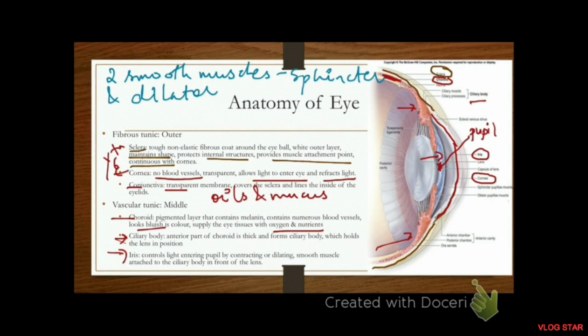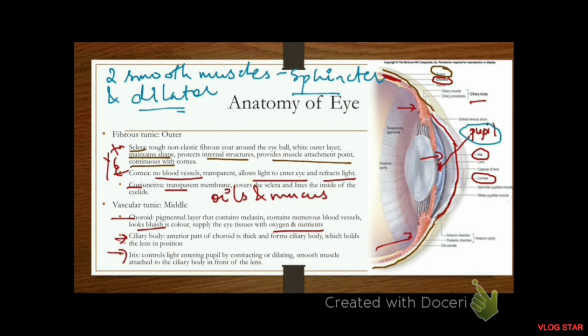These muscles will regulate the amount of light entering into the eyeball. How? By varying the size of the pupil. That means they will make the pupil smaller or bigger. Who will regulate the size of the pupil? These two muscles will regulate the size of the pupil, right?